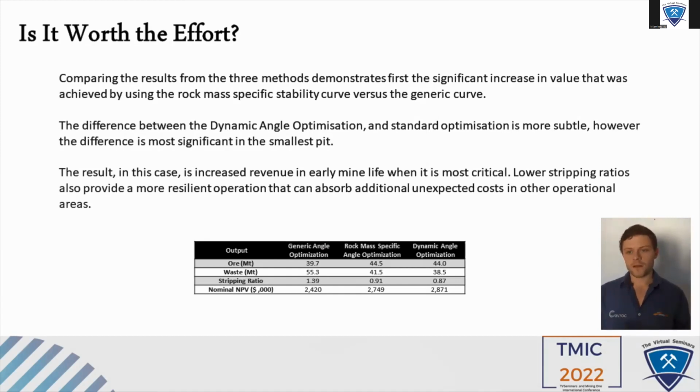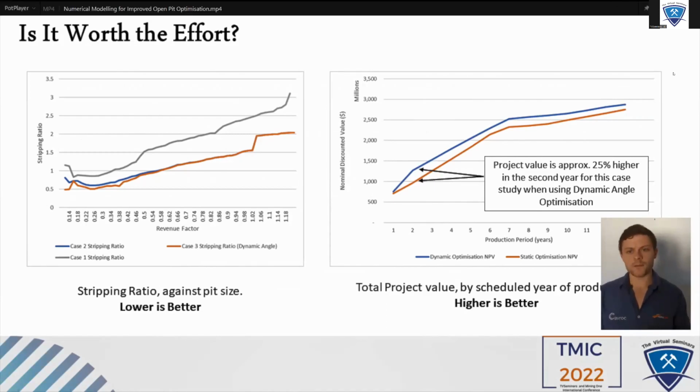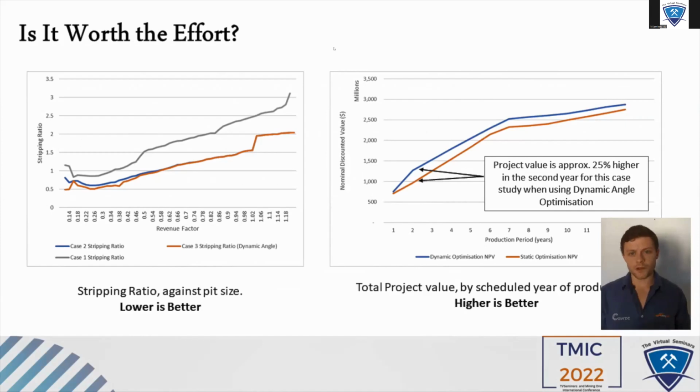So that might not sound like it's worth much. However, when you start to look at the scheduling, that reduction in stripping ratio in the early mine life can really have an impact on your income in those first years, where it's most critical to repay loans and get returns on investment. So actually, it can be very valuable to consider those more aggressive angles earlier in the mine life.